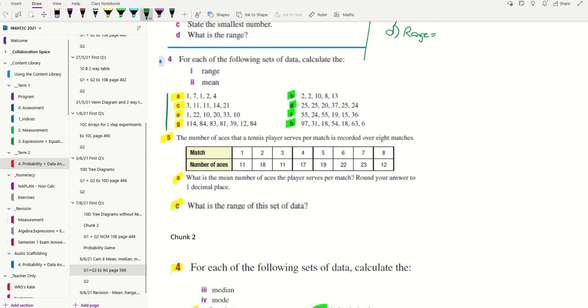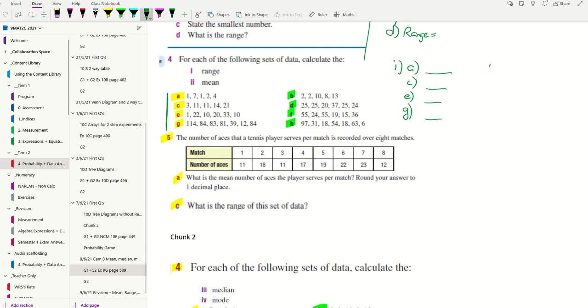In question 4, it's asked us for each of these data sets, so you're going to work on these ones first, A, C, E and G, calculate the range and the mean. So for each one, find the range first. Look through those data sets and find the biggest number, find the smallest number, and subtract the smallest number from the biggest number. That will give you the range.